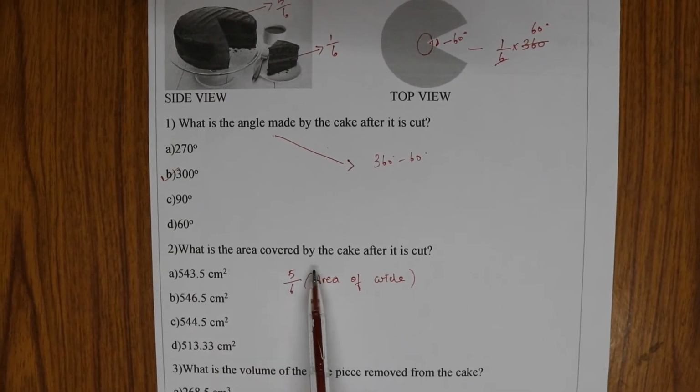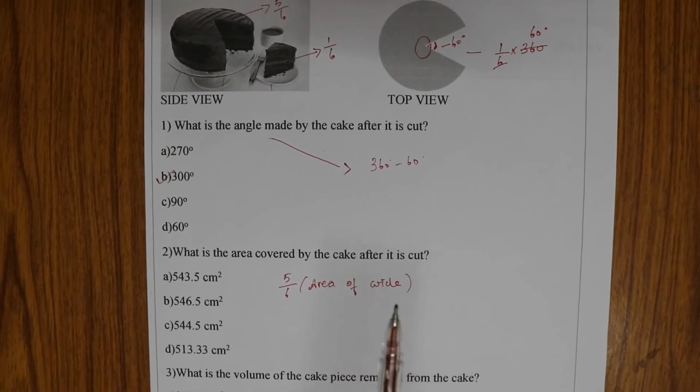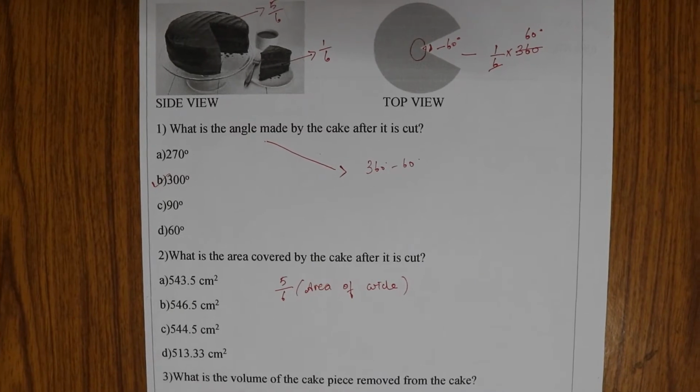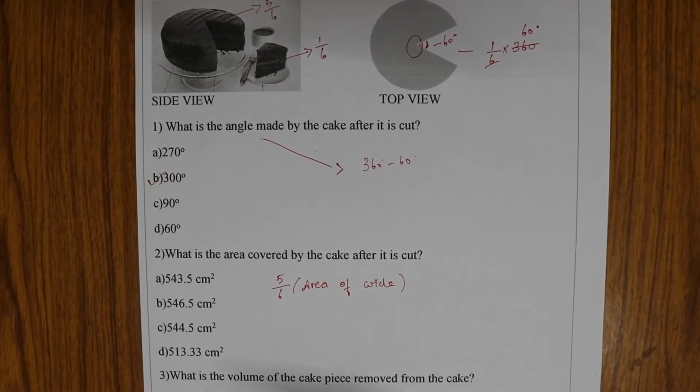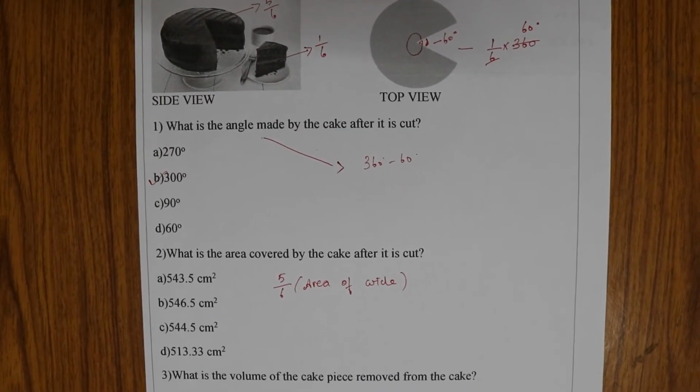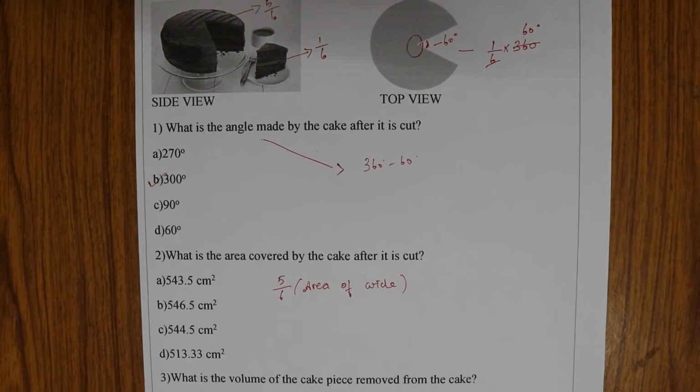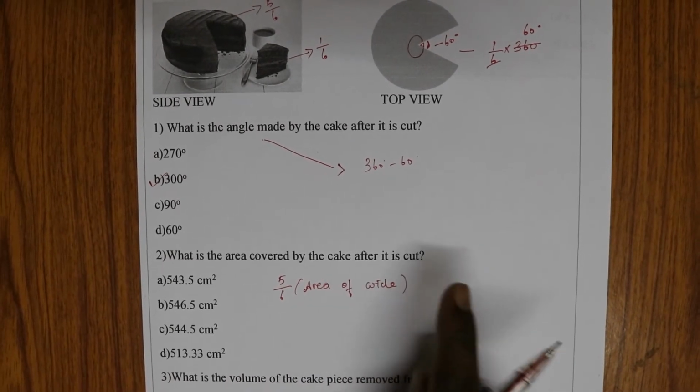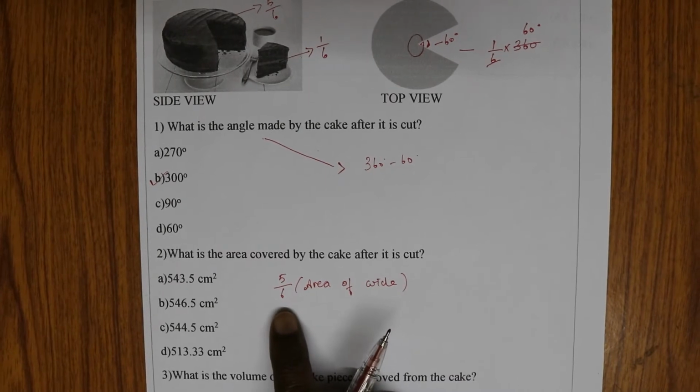What is the area covered when you keep that particular cake on a tray or on a plate? That is the meaning of area covered here. So after it is cut, 1/6 is removed, 5/6 will remain.